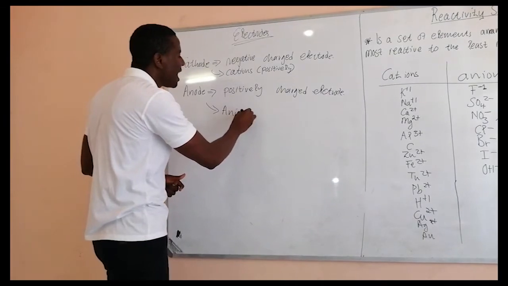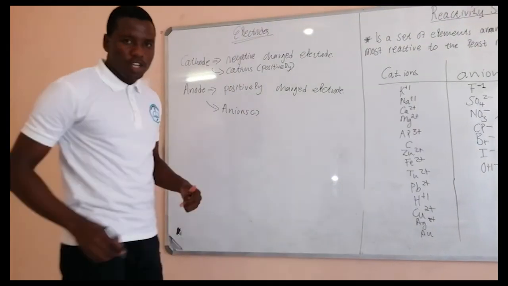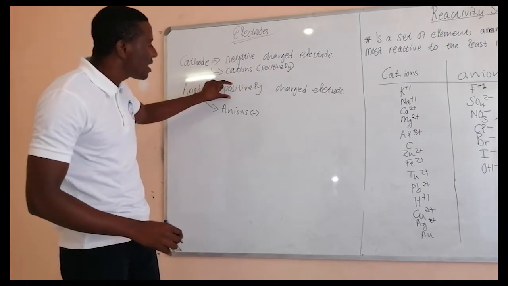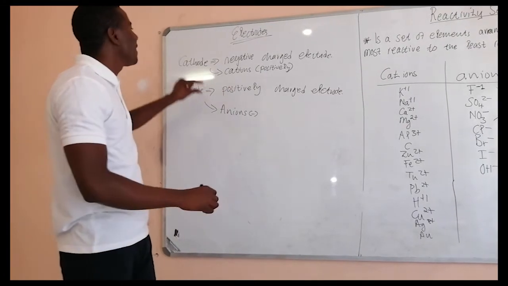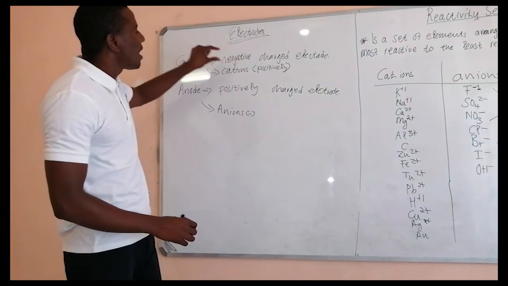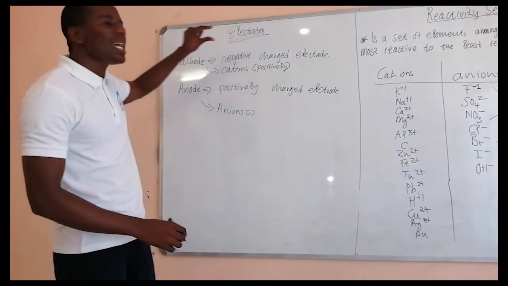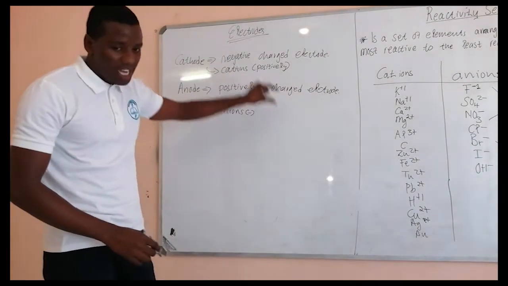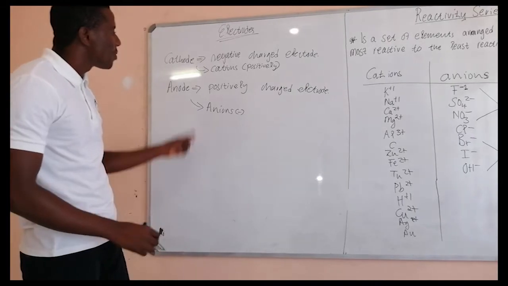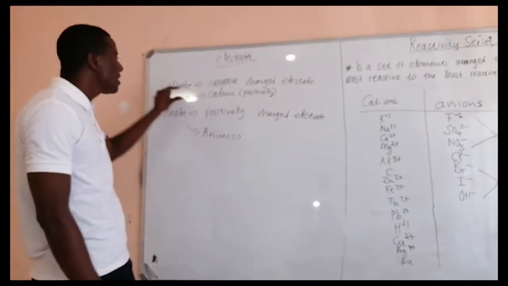The anions are negatively charged, so they are attracted by the positive charge, and the cations are positively charged, so they are attracted by the negative charge. So with this, it concludes what happens at the cathode.